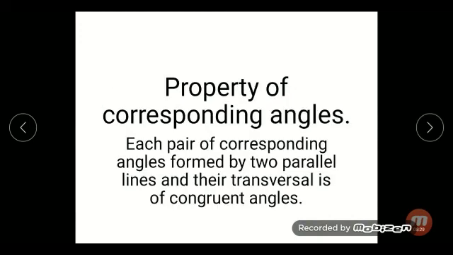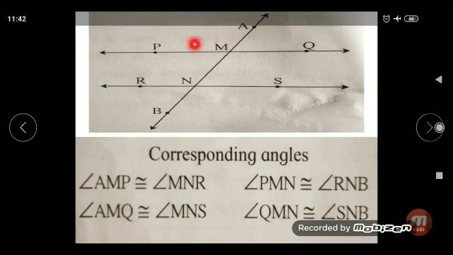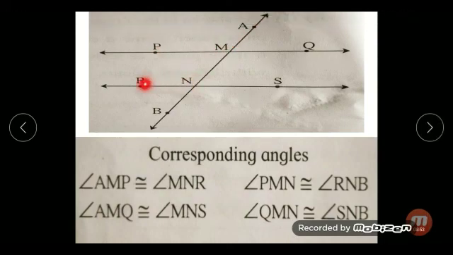Property of corresponding angles. Each pair of corresponding angles formed by two parallel lines and their transversal is congruent. Congruent means same; the value is equal. In this diagram, angle AMP and angle MNR are corresponding.